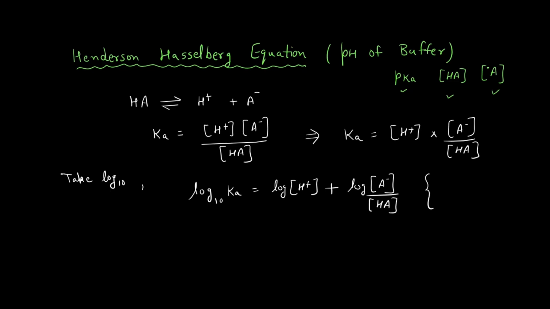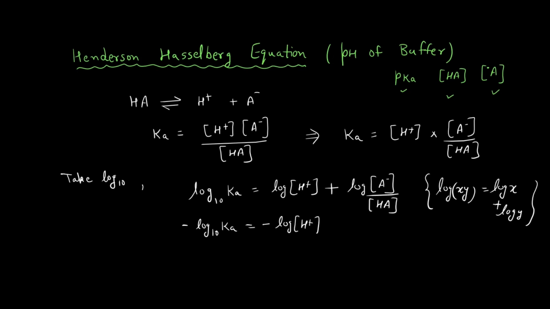Why is it like that? Because we know that log of x times y is log x plus log y. So this is the formula of the log. Now we multiply this equation by a minus sign on both sides, so we get minus log to the base 10 Ka equals minus log H+ ion concentration minus log of concentration of A- over concentration of HA.